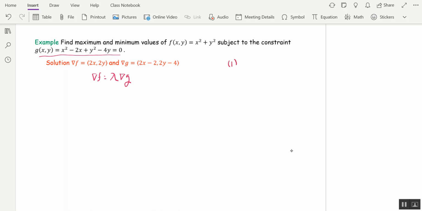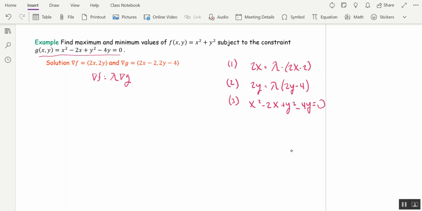The first equation will be 2x equals lambda times (2x minus 2). The second equation will be 2y equals lambda times (2y minus 4). And the third equation will be the constraint: x squared minus 2x plus y squared minus 4y is 0. So that's the system I'm solving.